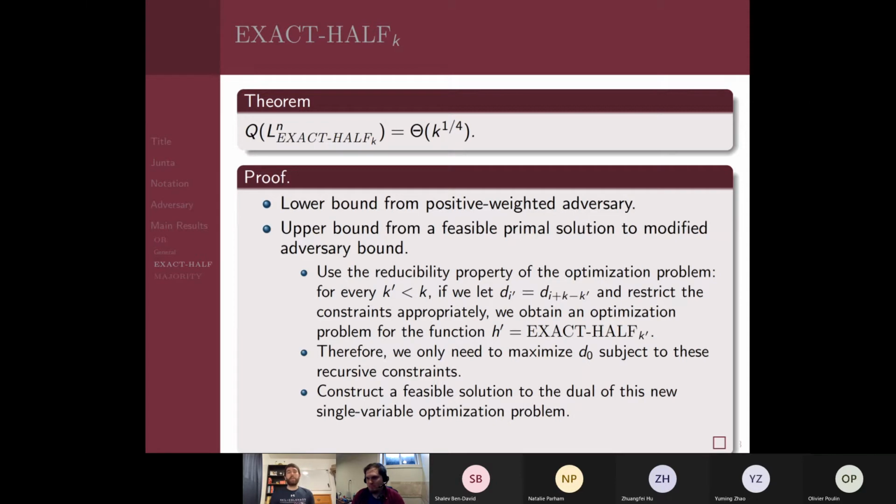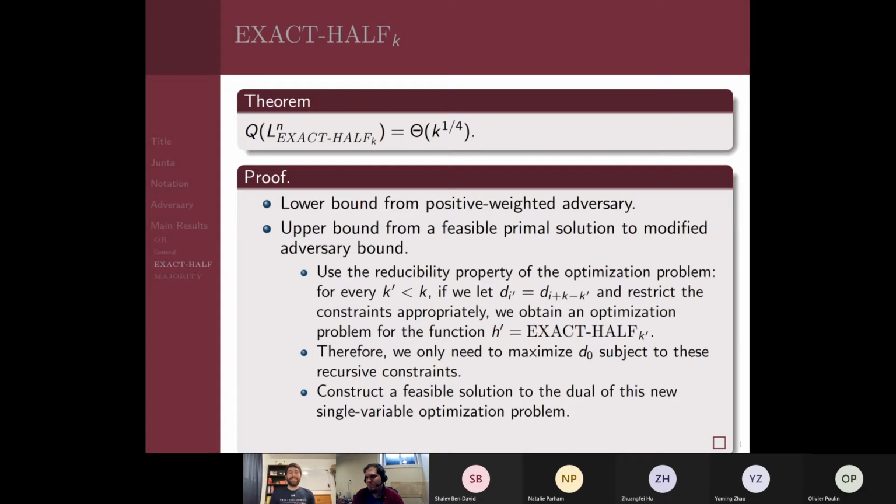That is like the adversary bound for that problem. And therefore, you only need to maximize with respect to D0, because you end up showing that D0 must be greater than D1, must be greater than, etc., if you have an optimal solution to this problem. If you found the supremum, it will satisfy those constraints. So now we have a set of recursive constraints, and you're just maximizing a single variable D0.